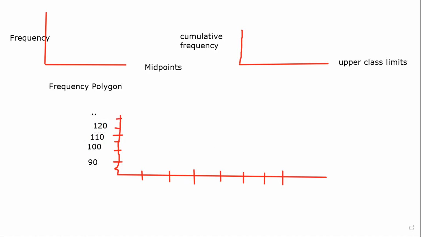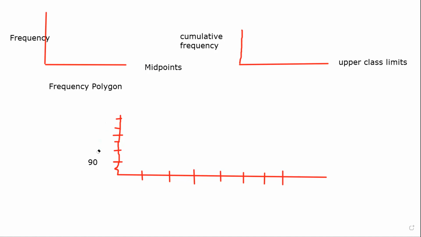And then you have 130 here. So, and then we know we're going to need, oh wait, actually I made a mistake, because I put this on the wrong axis.